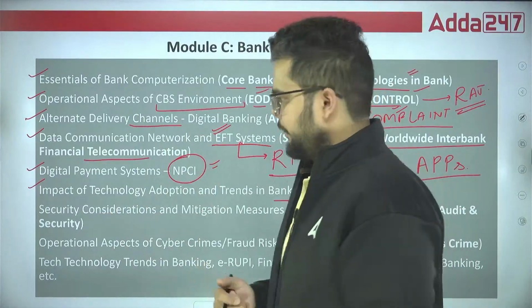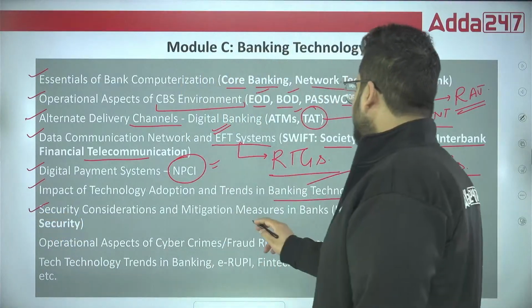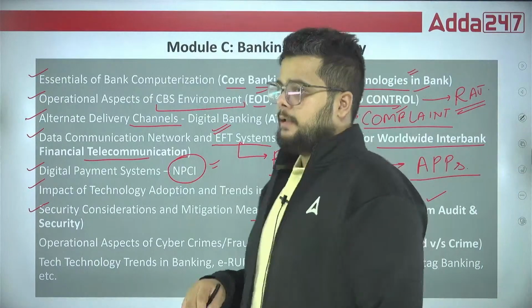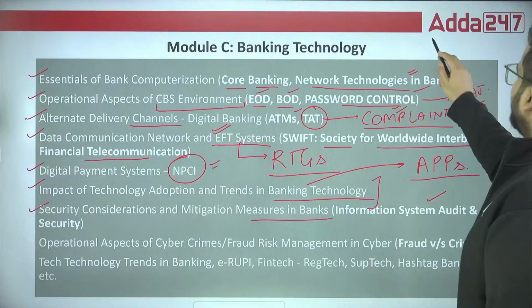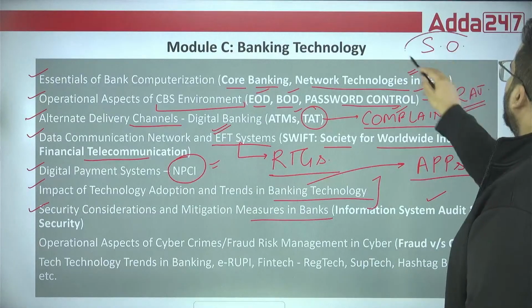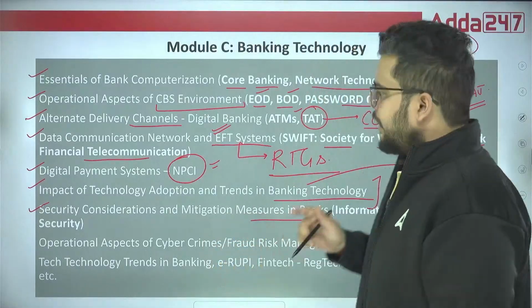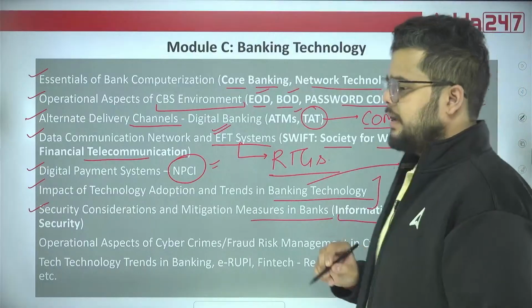Then security considerations, mitigation measures in banks, information system audit and security. So IS, you must be knowing, all those specialist officers who are watching this video under the IT department, if you are working, then nowadays banks are very much serious about the information systems.